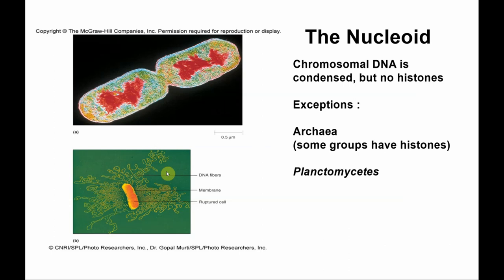So in order to pack all this DNA in there, it's got to be associated with some basic proteins or small molecules with a positive charge. Okay, so in bacteria, DNA is compacted with polyamines, not histone proteins.